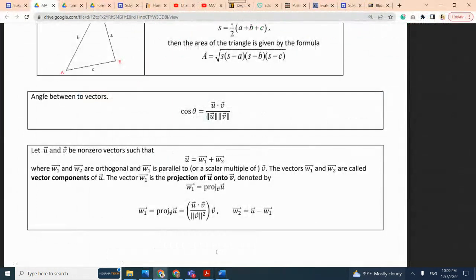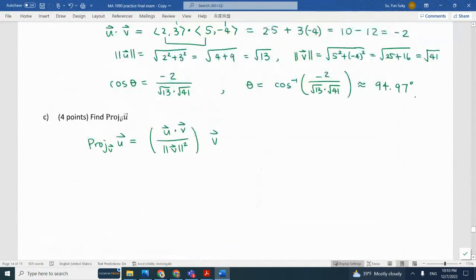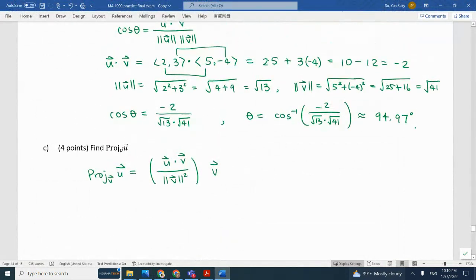Let's copy it down: u dot v over the magnitude of v squared, times v. The formula will be given in the final exam, so just write down the formula.